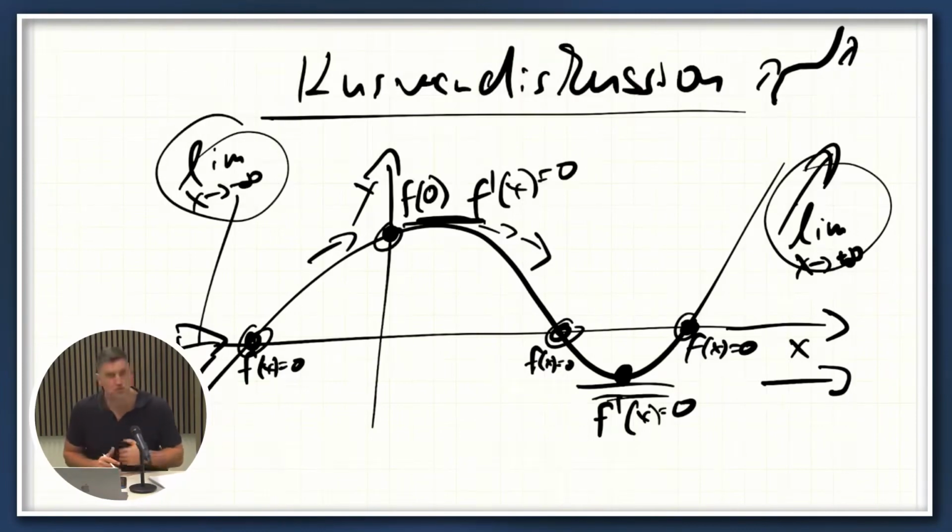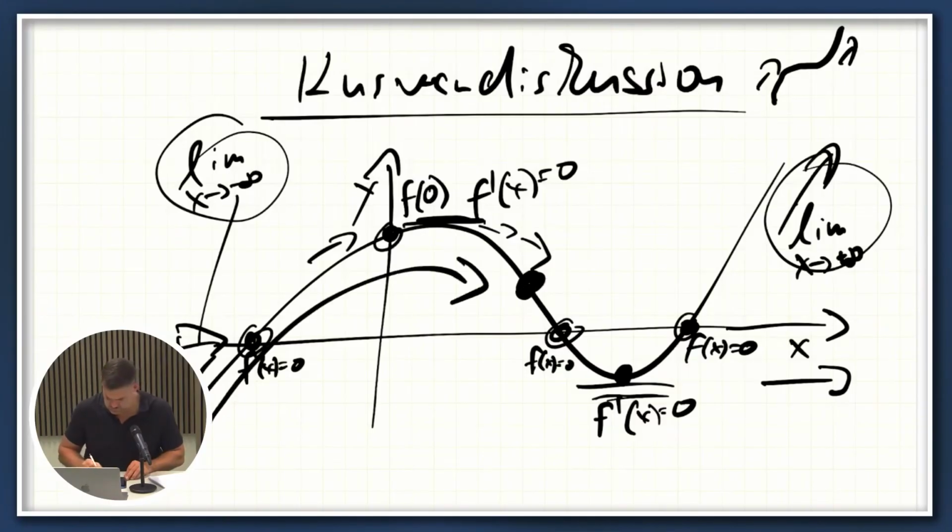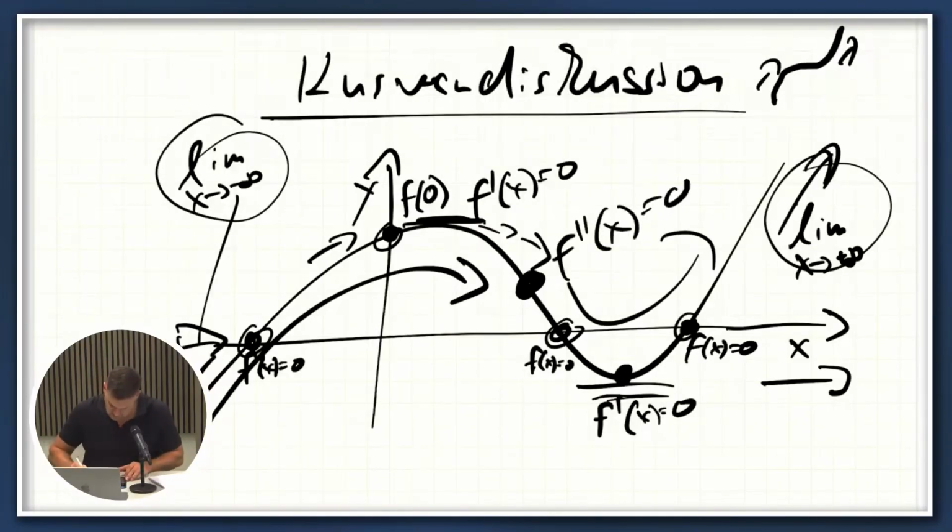And then, of course, there's another key point. That's where there's a change in curvature, which would be here. Here, I'm steering the wheel to the right, and then I steer the wheel to the left. This is where the curvature changes. And that's the corresponding inflection point. We find it by setting the second derivative equal to 0.